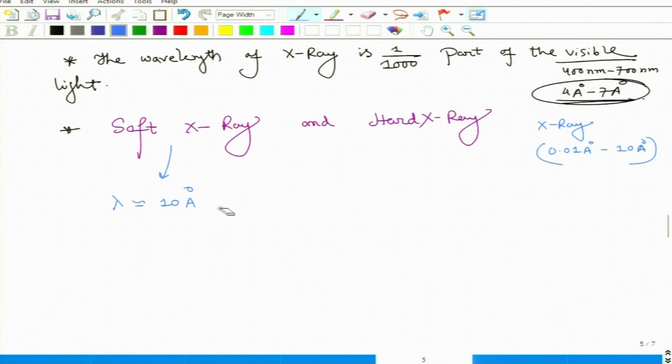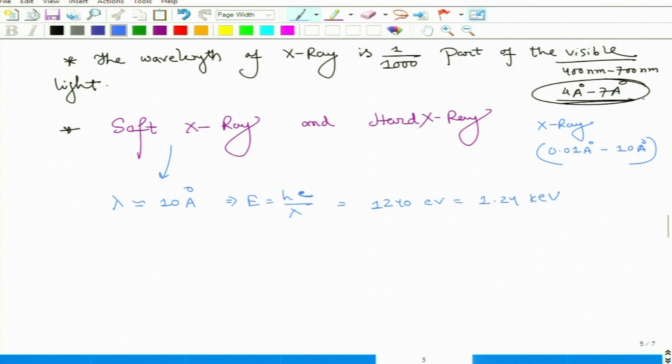This is understandable. So when the lambda is comparable to 10 angstrom, then the energy we can evaluate as hc by lambda. If you put it here, then you obtain that the energy will be 1.24 kilo electron volt.